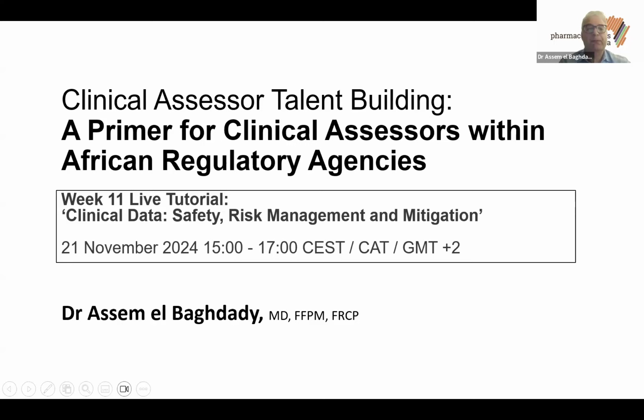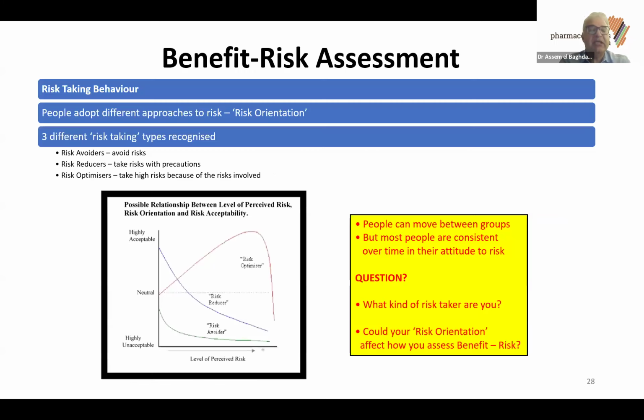Excellent. So this is a continuation to Peter's presentation, and it's about the safety, risk management, and mitigation. So what is that? So the benefit risk, and it is always written like this: benefit first and then the risk. So it is not risk benefit, it is benefit risk, okay?